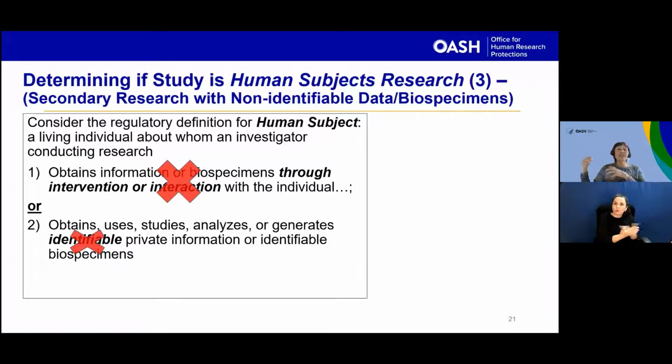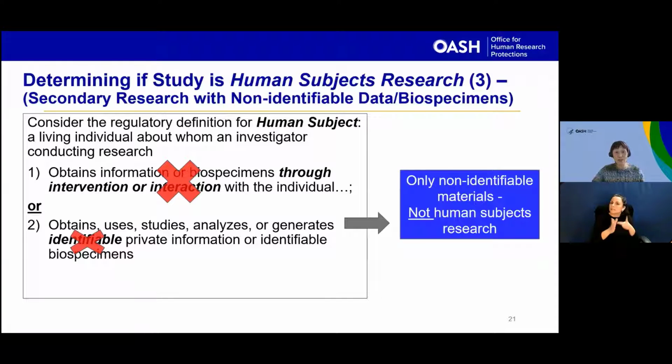They would only provide this information or these biospecimens to you without providing any information for you to link them back to the living individuals. So absolutely, you, the recipient investigator, and your team working on this research will not be able to link the material back to living individuals. Then that's a cross for the first part and a cross for the second part. That means this is not human subjects research. So only non-identifiable materials involved, not human subjects research, right?